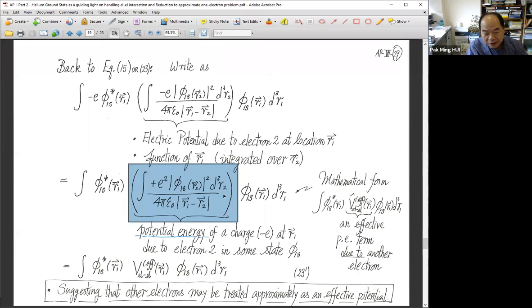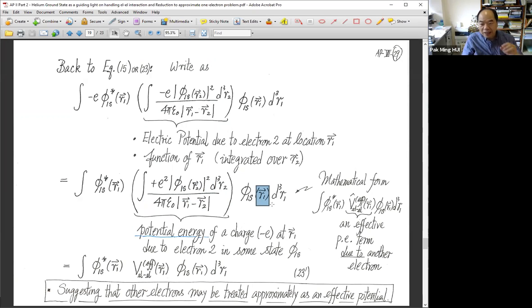So it is like the second electron is spreading itself out in some 1s state so that it is providing at the position of the first electron, R1 here, the electromagnetic potential energy. Thereby, this term highlighted here is like an additional potential energy function that the first electron feels, okay?